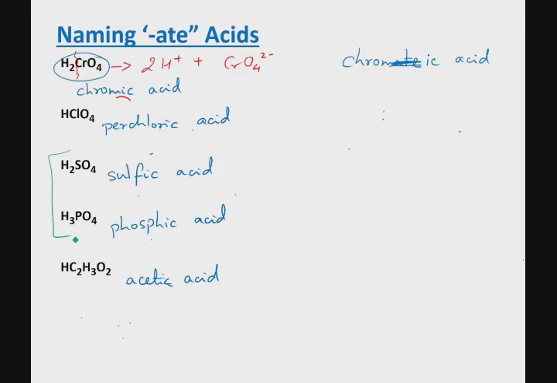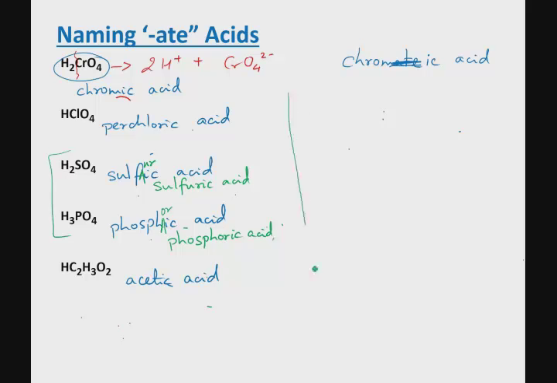In other words, for the sulfur ones, the UR of sulfur is retained, and the OR of phosphorus is retained. So instead of calling H2SO4 sulfic acid, we actually call it sulfuric acid. Instead of calling H3PO4 phosphic acid, we call it phosphoric acid. Now this modification is only applied to the sulfate, sulfite, or phosphate, phosphite producing acids.